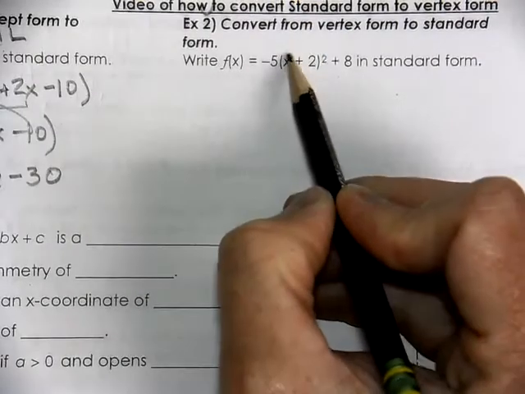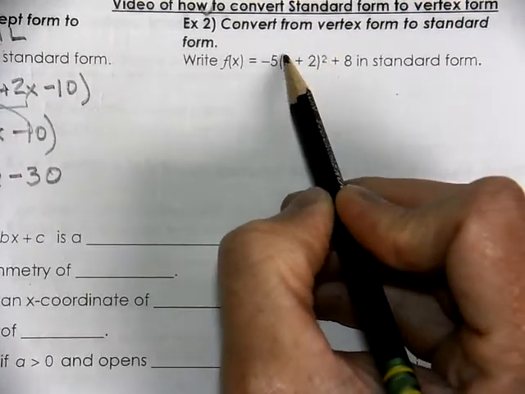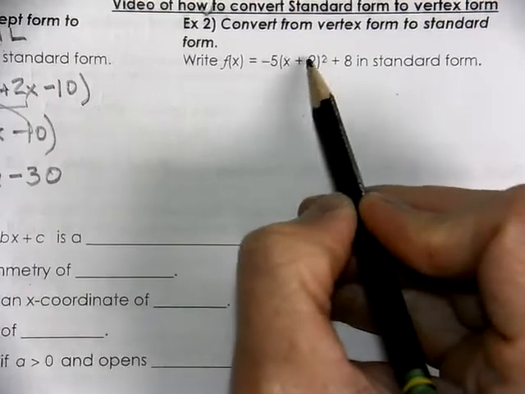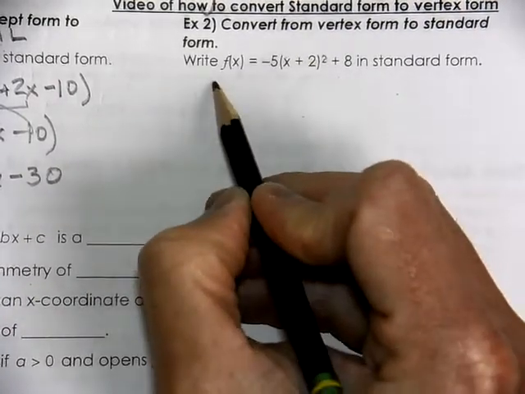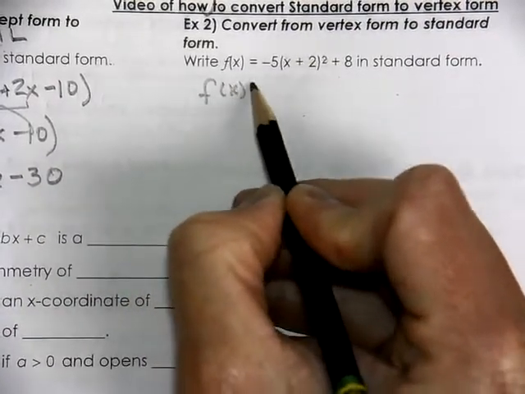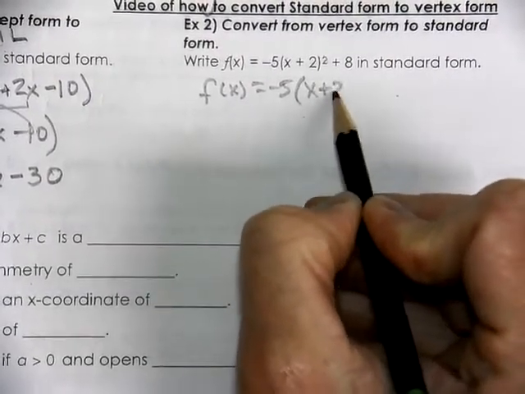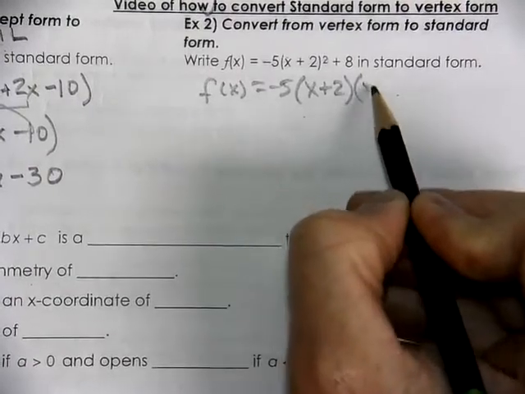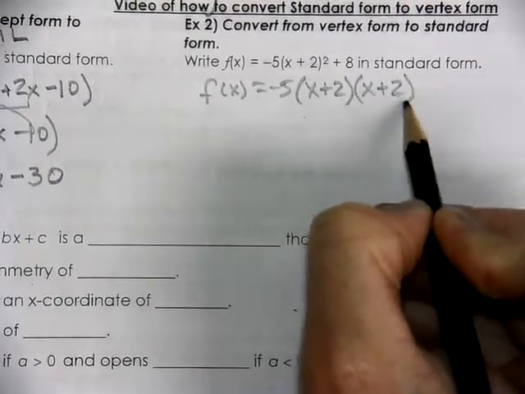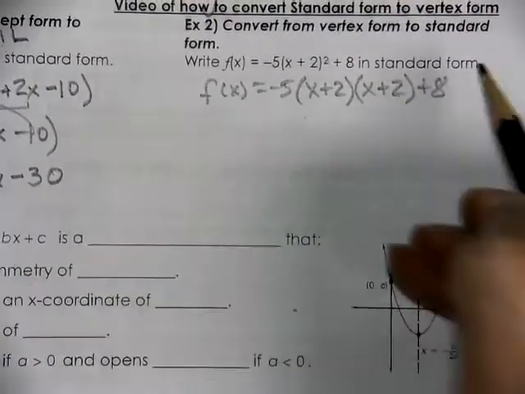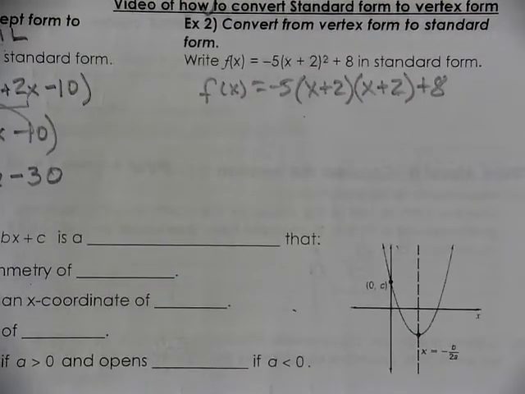A common mistake are people that distribute this square in and call it x squared plus 4. That is not accurate. We're going to take our f of x, and because this quantity is squared, we are going to write it twice. There's x plus 2 and x plus 2.